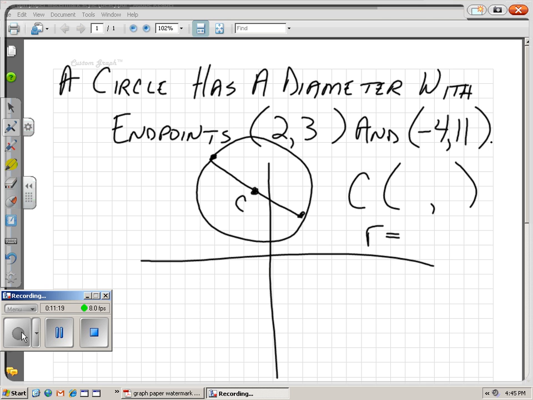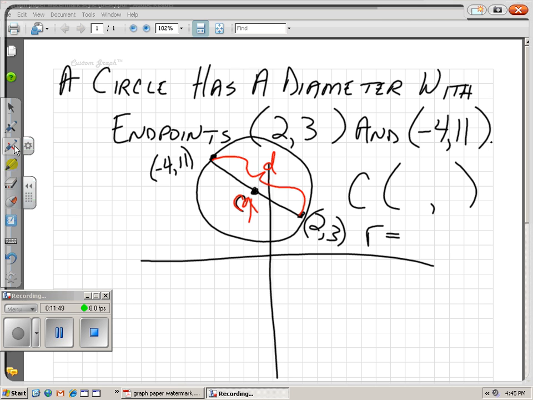Okay, let's think about how we can find that. If this is negative 4, 11, and this is 2, 3, how could I find the center right here? How could I find C? Well, if I knew how far it was between these 2 points, if I knew the distance between those 2 points, I could find, well, actually I'm talking about radius.